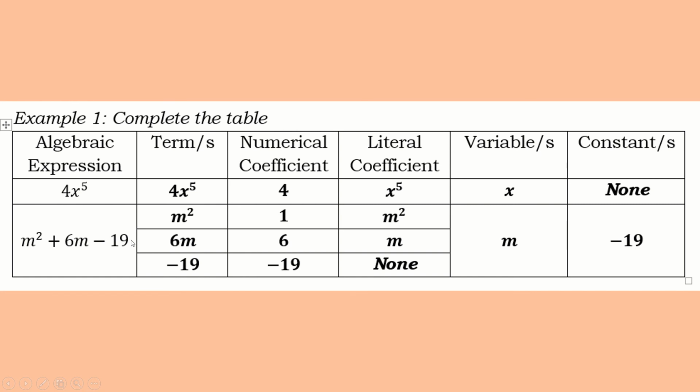We have three terms: m squared, 6m, and negative 19. The numerical coefficients are 6 and negative 19. And the literal coefficient, we have m, which is the variable we used. Our variable is m. Our constant is negative 19.